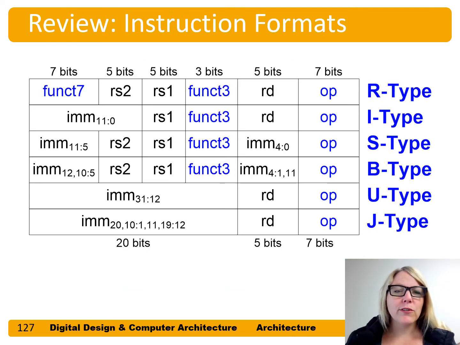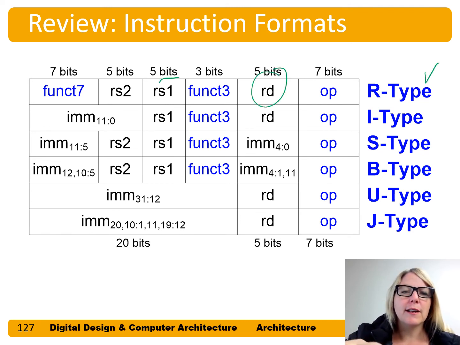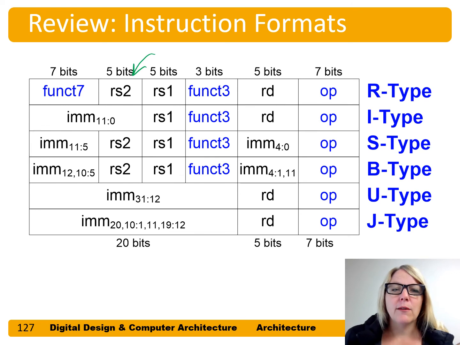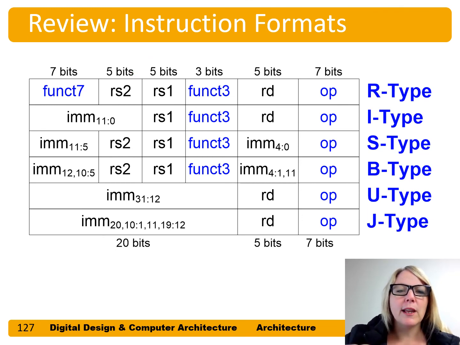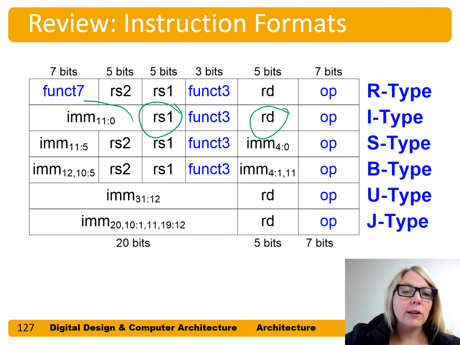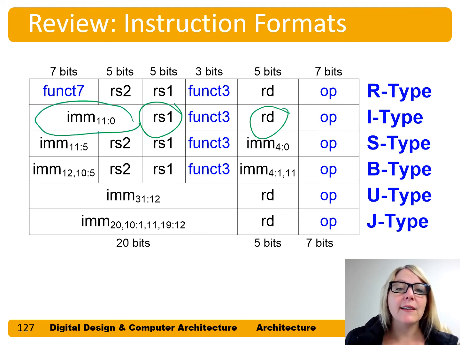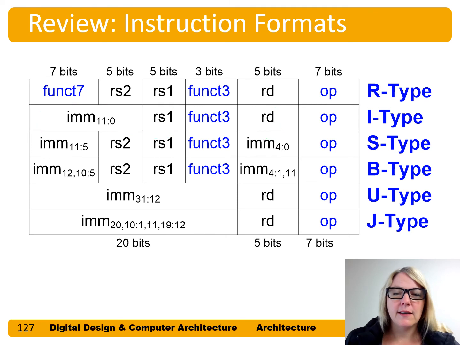So again, a quick review of our instruction formats for RISC-V. We have R-type instructions, 3 register operands, with that strange exception where we use RS2 for the shift amount for shift immediate instructions, like shift right arithmetic immediate or shift left logical immediate. I-type instructions where we have RS1 and RD as register operands, but we also have this 12-bit signed two's complement immediate.